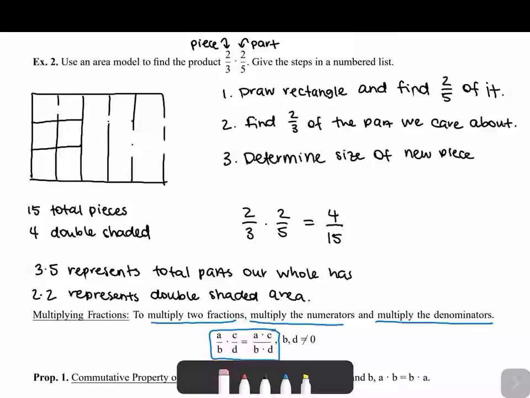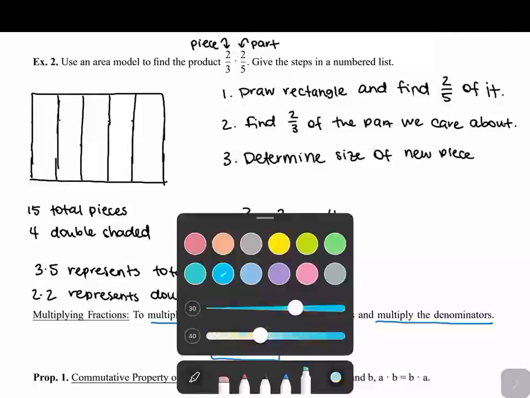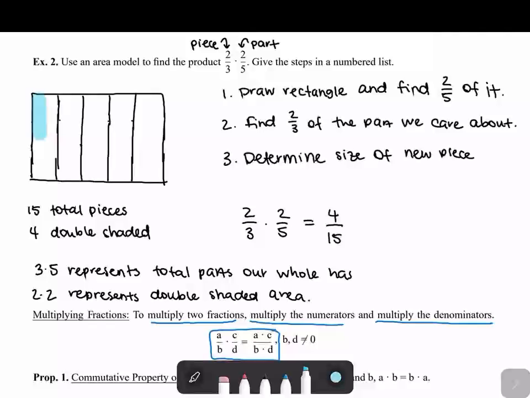If we draw our whole just with five pieces first. Okay, let me fill it in. So if we draw our whole with 5 pieces, and then we shade 2 of them in that blue. Okay, so we found 2/5 of the piece.